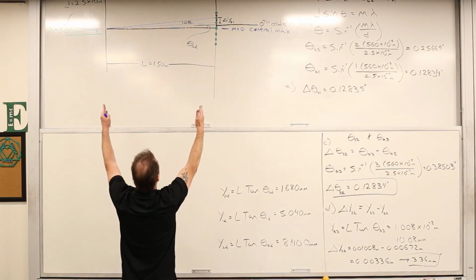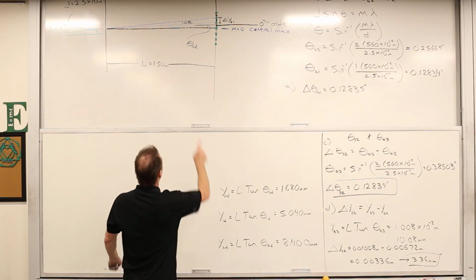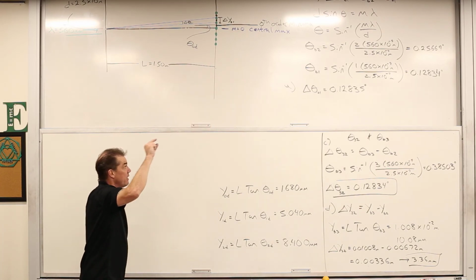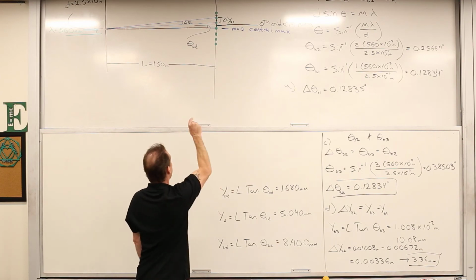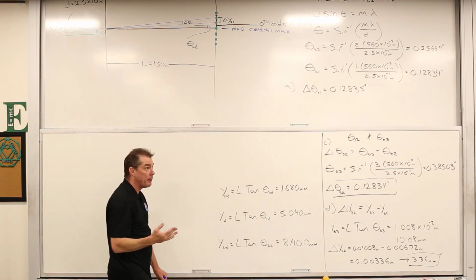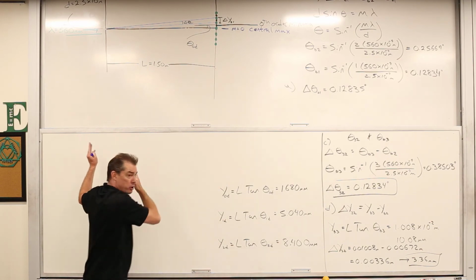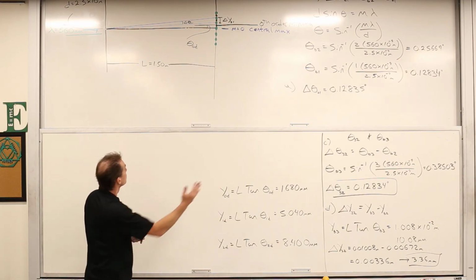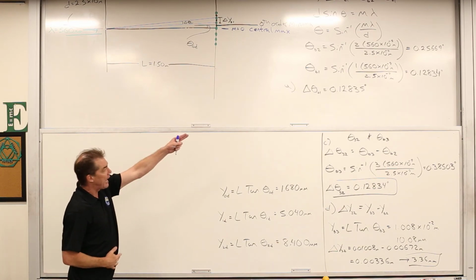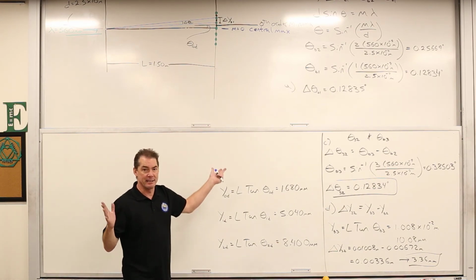So, what should we note? Well, if the screen's 1.5 meters away, that delta y, 21, is 3.36 millimeters right now. So if we wanted to drop down to exactly 3 millimeters, it should stand to reason that we have to put the screen a little closer. So, the closer we put it, the smaller the spatial separation. But the angular separation remains the same.